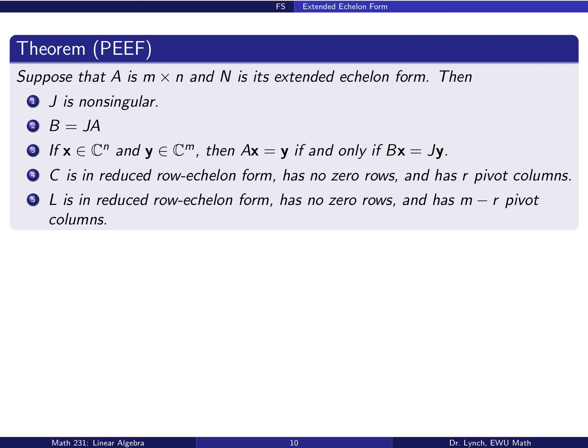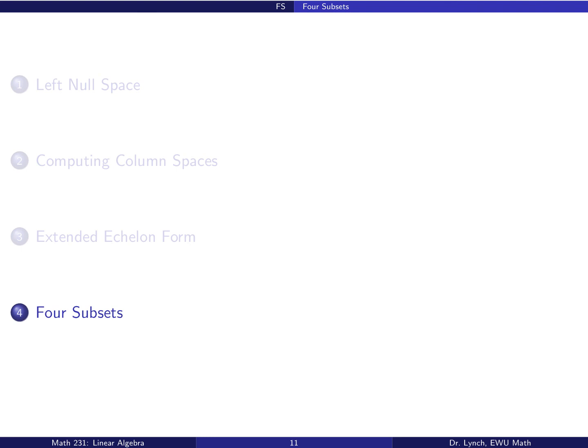If C is in its reduced row echelon form, it'll have no zero rows in r pivot columns, and L in its reduced row echelon form has no zero rows in m minus r pivot columns. Okay, so as it turns out, those matrices C and L represent the column space and the left null space of the matrix A. Okay, so those are the four subsets.